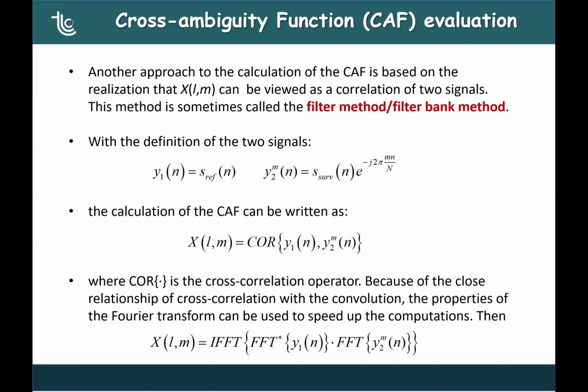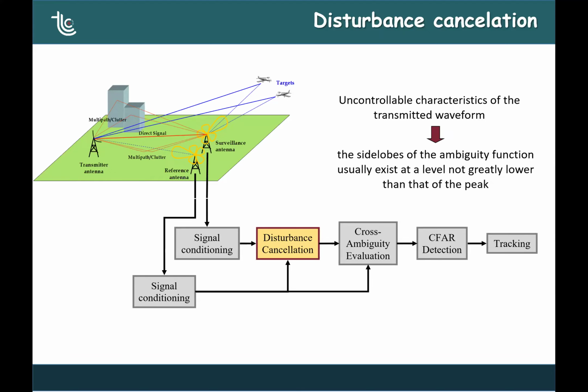And then we go back to the original domain through the inverse fast Fourier transform. Again, here the number of operations is optimized by the inverse fast Fourier transform and the fast Fourier transform operations. Okay, so this is the way we calculate the cross ambiguity function.